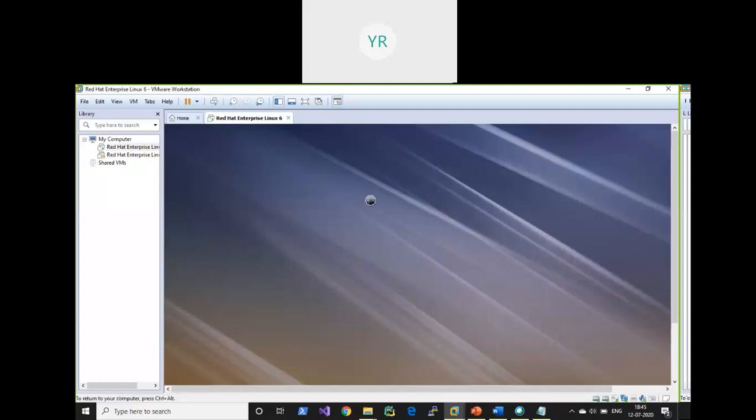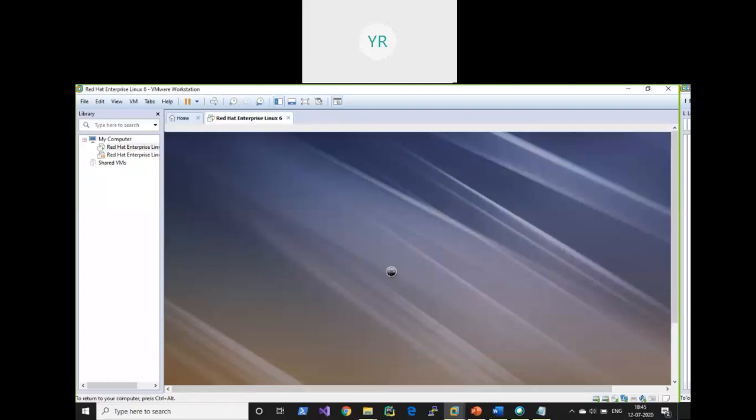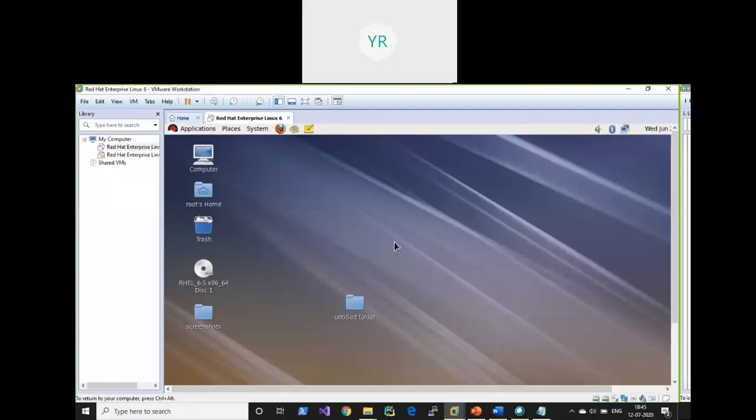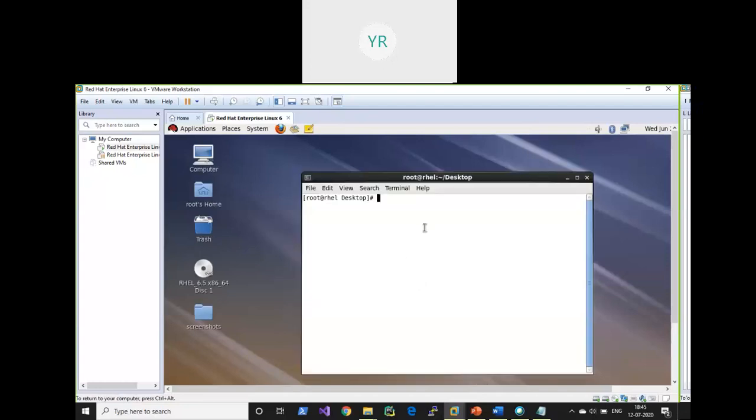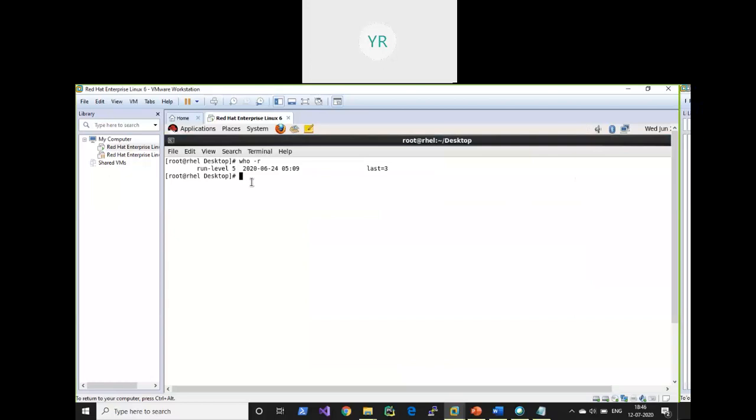This is called X11. It's taking time. Okay, check it: run level 5 it is. But in real time, almost all of these are in run level 3 only.